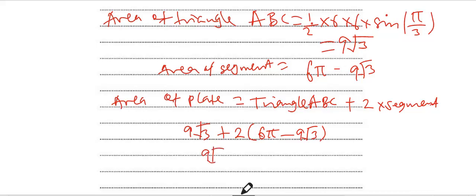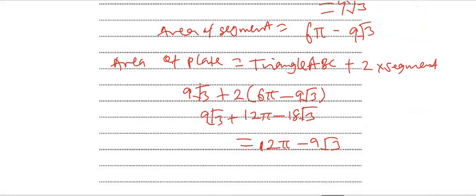Simplify: 9 root 3 plus 12 pi minus 18 root 3. This will give us 12 pi minus 9 root 3 as our final answer.